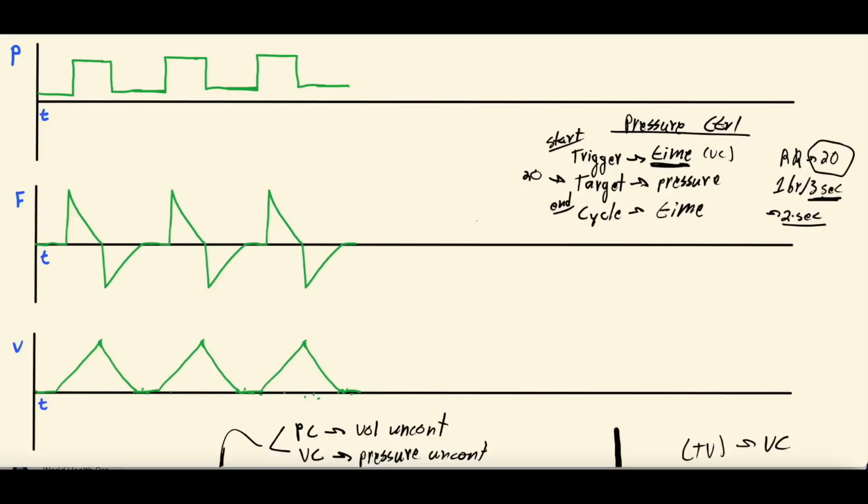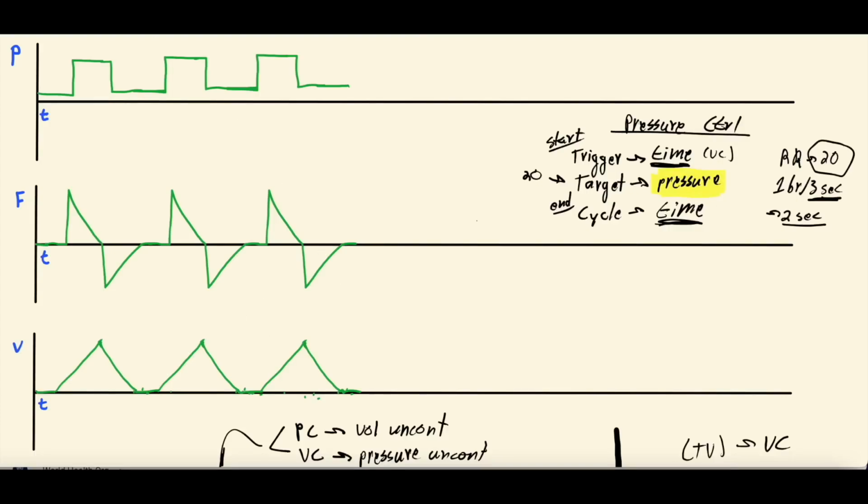They let the patient also contribute to some of these things if the patient wants a longer breath or a shorter breath, but not too much, because this is ventilator desynchrony, which we talked about in some of these other videos that we'll link in the video description. It can cause ventilator desynchrony, or the patient not cooperating with the ventilator. But in pressure control, the target is what you set, right? It's going to target a certain inspiratory pressure.